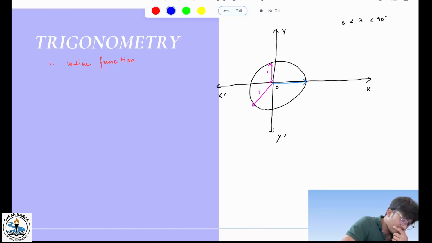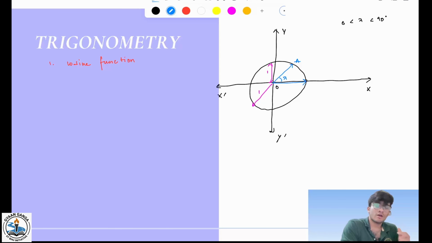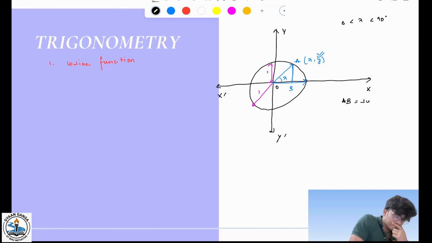So this is x, and then you look at this point on the circle and find the coordinates. This y value gives you sine x, and what is the y value? It is the foot of the perpendicular, this AB. AB is equal to sine x.